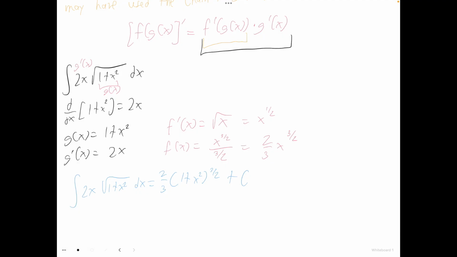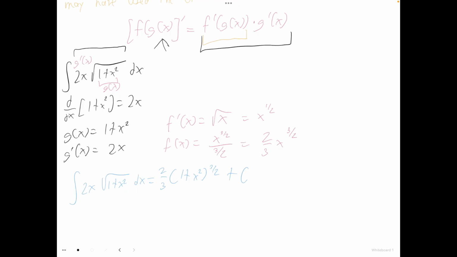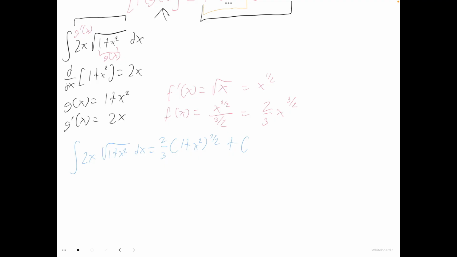Again, to see why we're making that claim, we found this side, f prime of g of x times g prime of x. That's our 2x times the square root of 1 plus x squared. And now our antiderivative is this piece, so we're taking the antiderivative of both sides. This is the integral of f prime of g of x times g prime of x, and then this is the integral of the derivative of f of g of x.